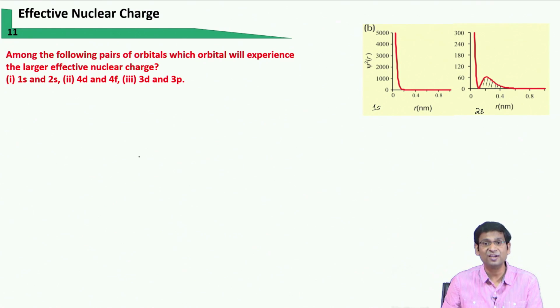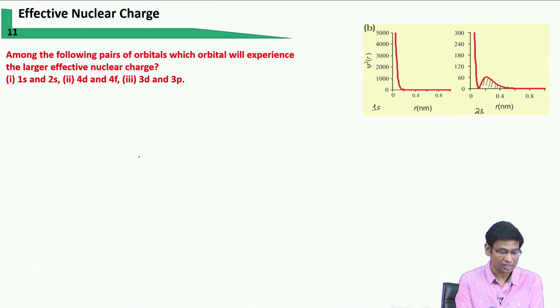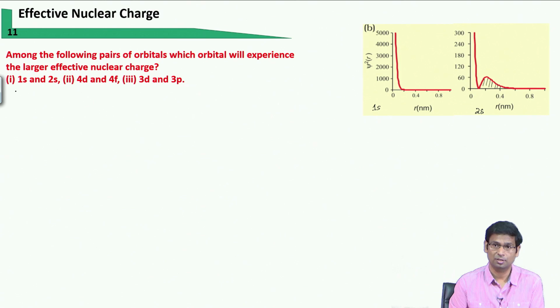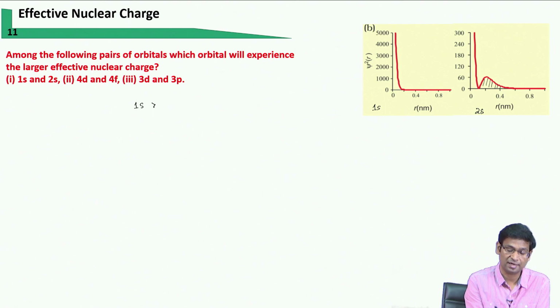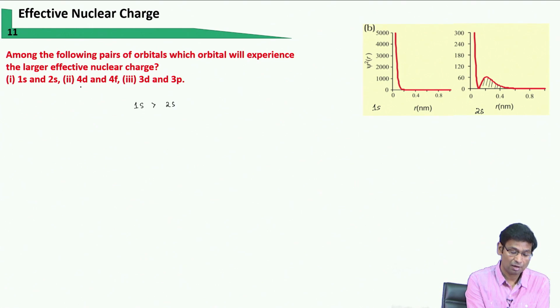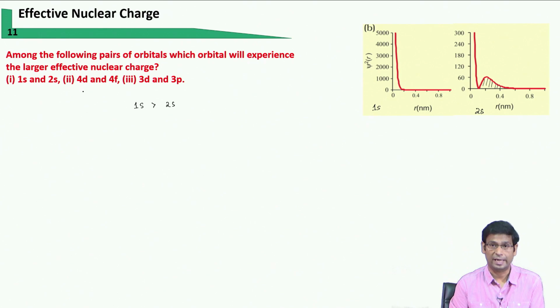So this effective nuclear charge becomes smaller when the electron is found farther from the nucleus. Now let us compare 1s and 2s. Of course, the 2s electron is found farther from the nucleus compared to the 1s electron, since the 1s orbital is closer to the nucleus. Therefore, the effective nuclear charge of 1s will be greater than that of the 2s orbital.